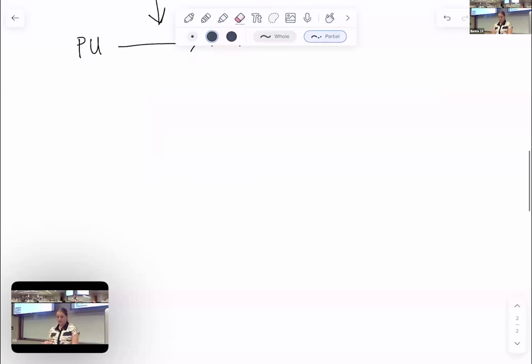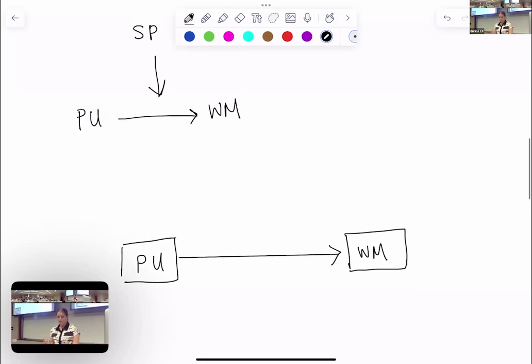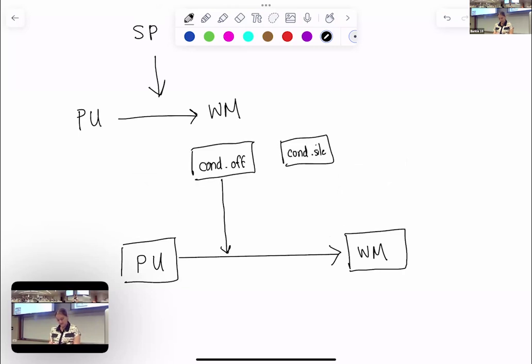We actually have positive impulsivity on working memory. And then how did we conceptualize or operationalize smartphone condition? We dummy coded it, right? Our actual variables in our data set are dummy coded. So we've got condition off and condition silent, right?